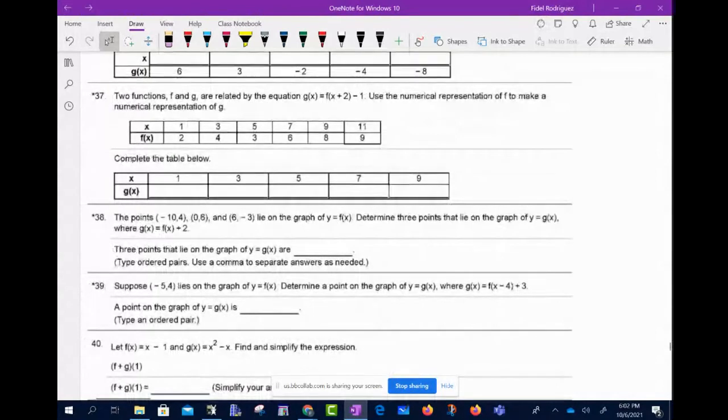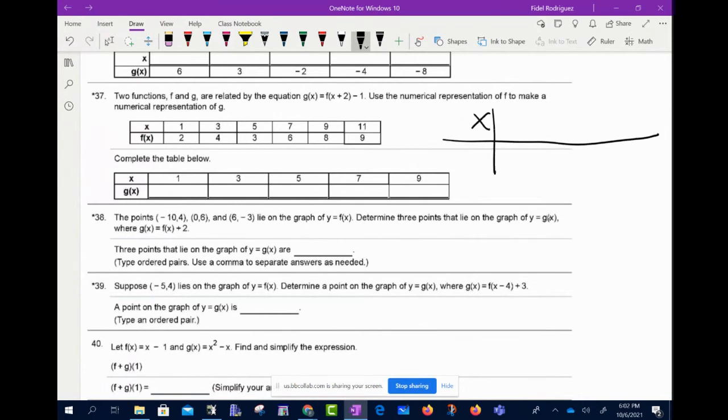All right, so y'all, I'm looking here at 37, and it says two functions f and g are related by the equation g of x is equal to f of x plus 2 minus 1. Use the numerical representation of f to make a numerical representation of g. Okay, so we can do that. So I'm going to make a new chart, y'all.